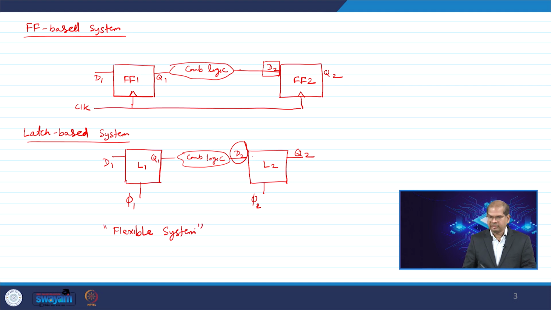The flip-flop based system is a very highly constrained system. If your data is not meeting the setup time, then the system will fail. This is the main difference between a flip-flop based system and a latch based system.